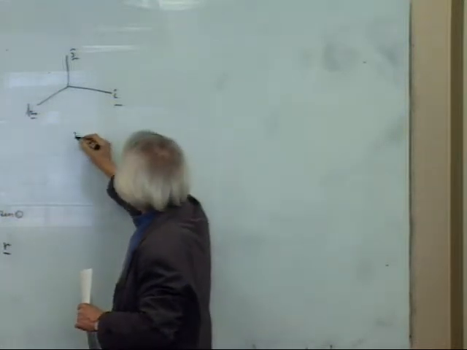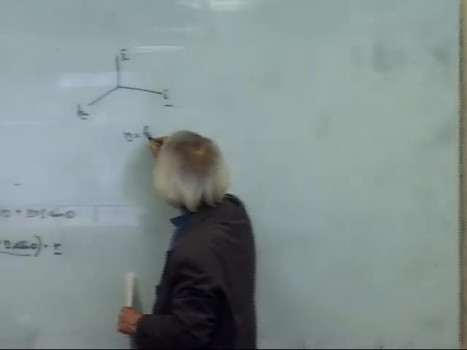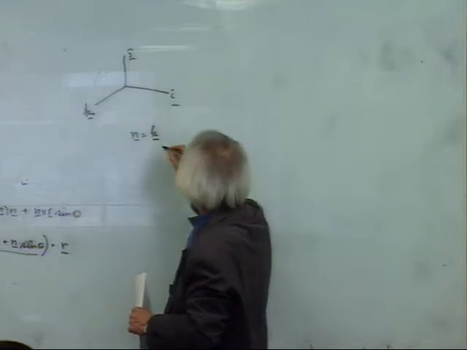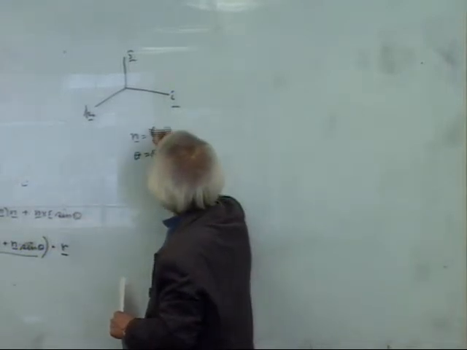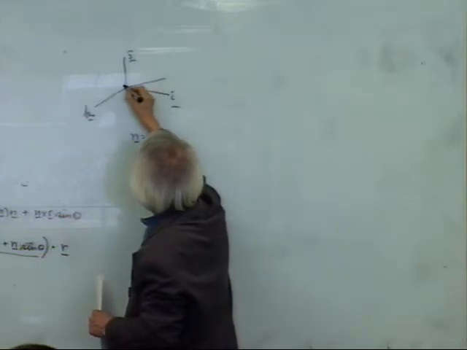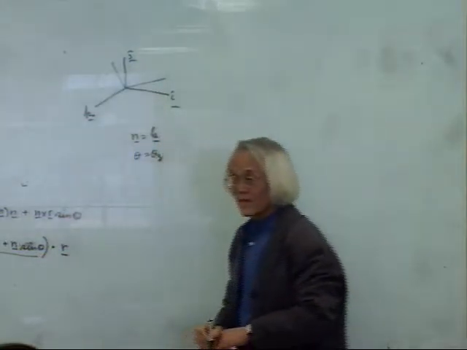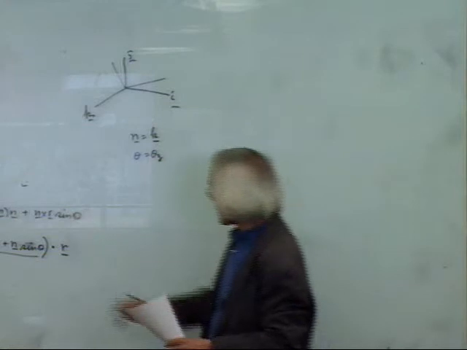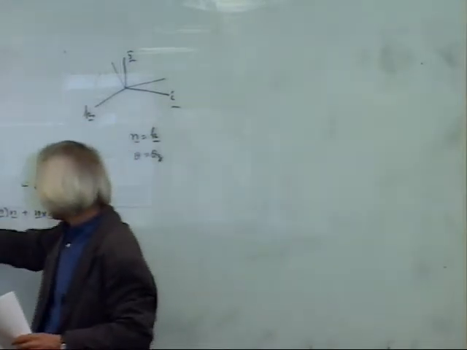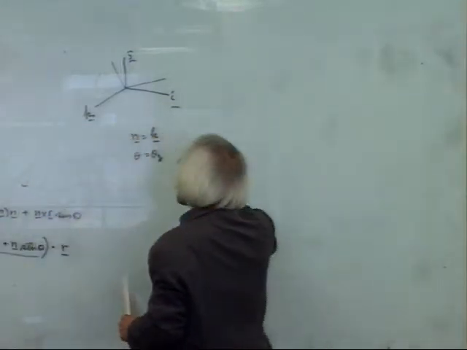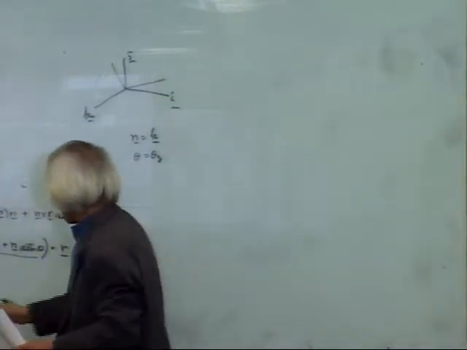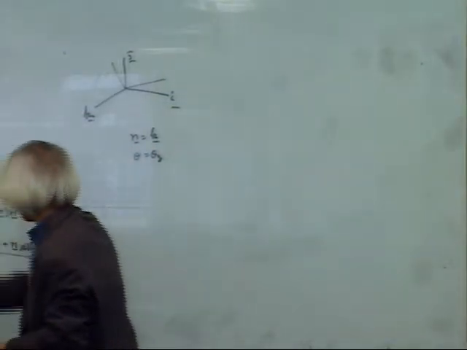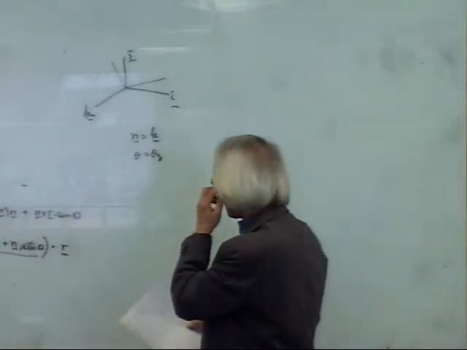So N is K in this example. Amount of rotation theta is theta G. Like this. Okay? So we're going to apply this guy to this. And we're just going to look at this guy. Okay?